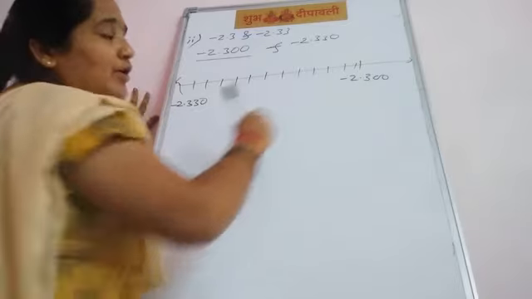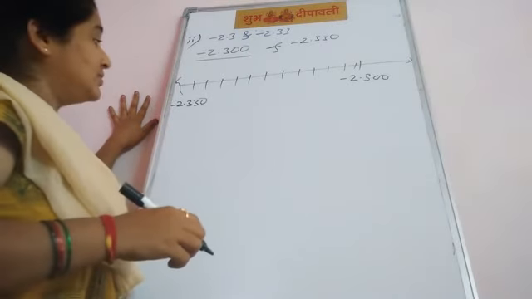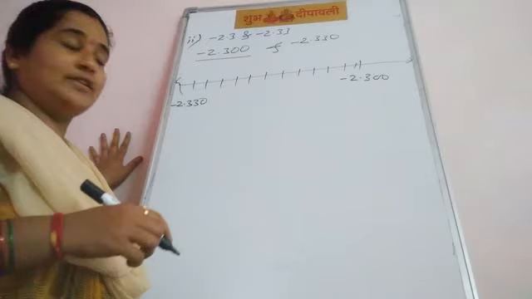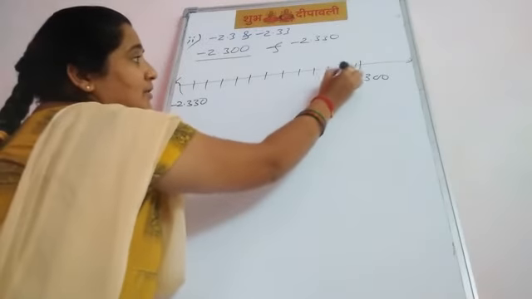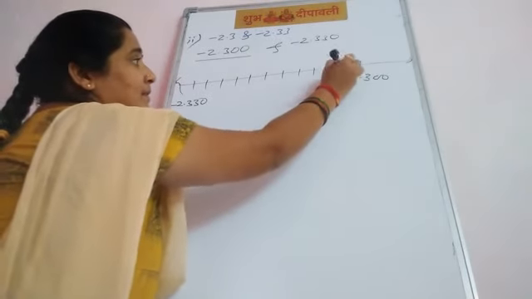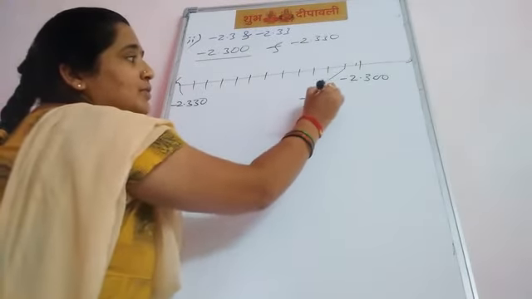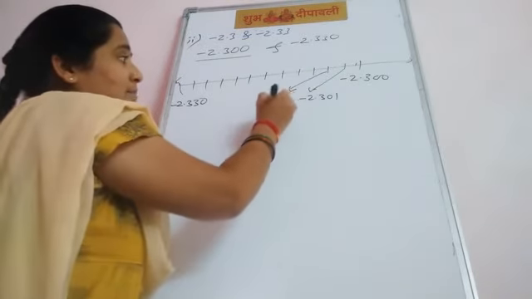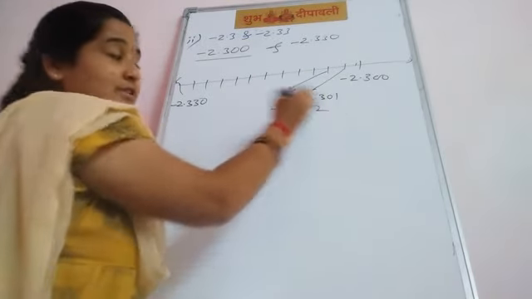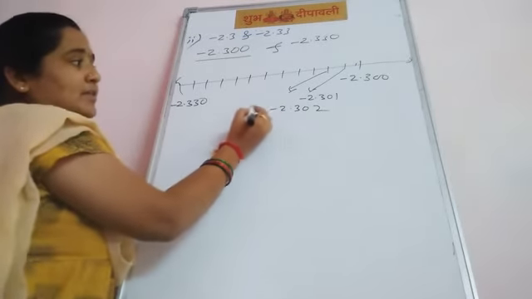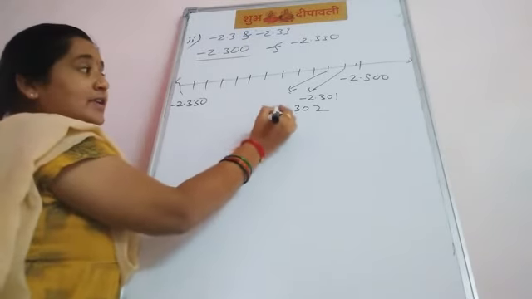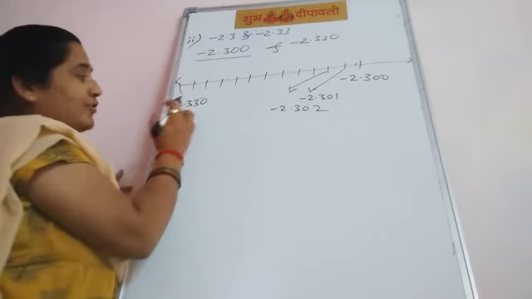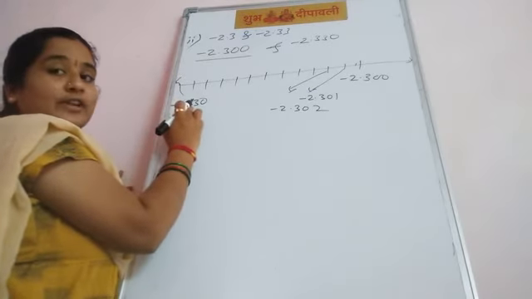Minus 2.300 here, minus 2.330 here. What comes after? Minus 2.301, minus 2.302, like that, minus 2.303.